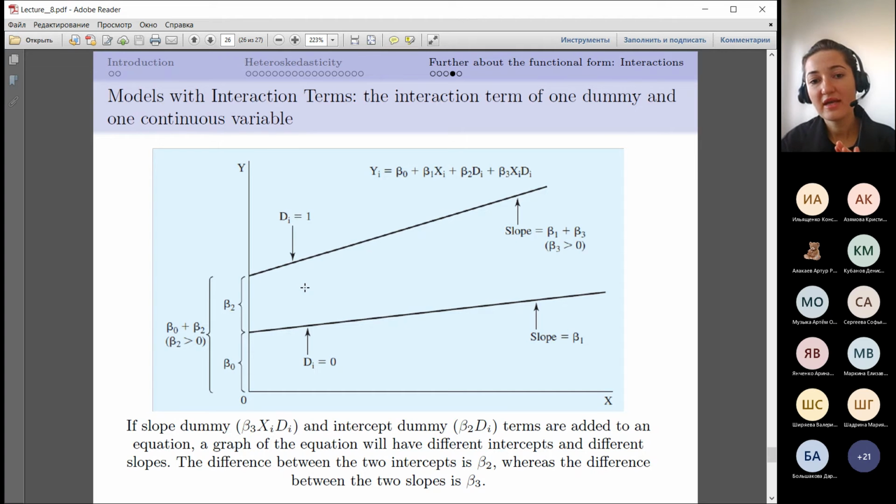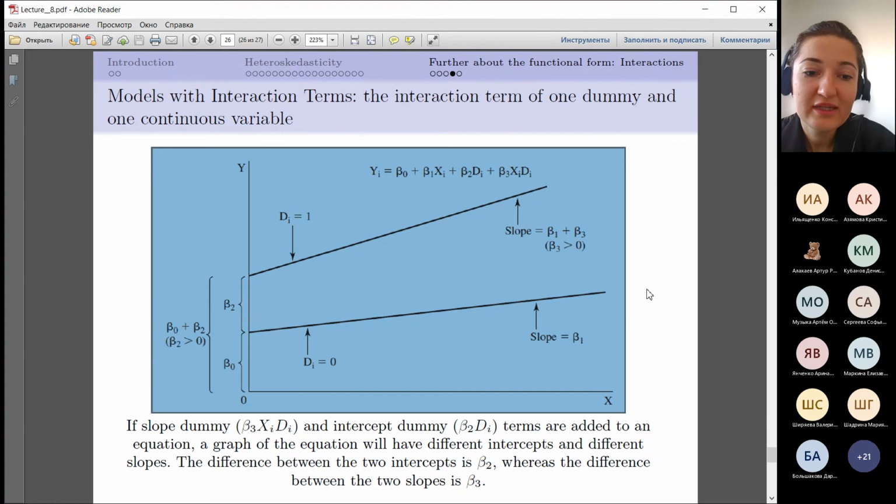It looks like you estimate two different equations, yeah? Because you can see that the slopes are different in these two groups, as well as the intercepts.